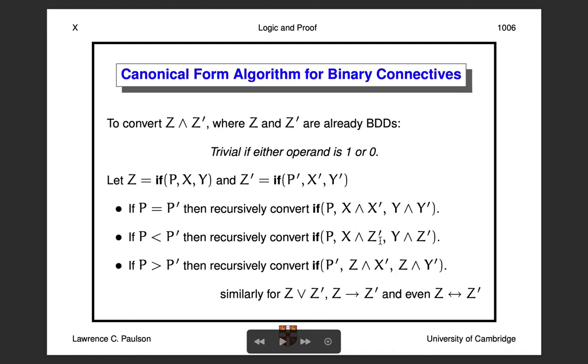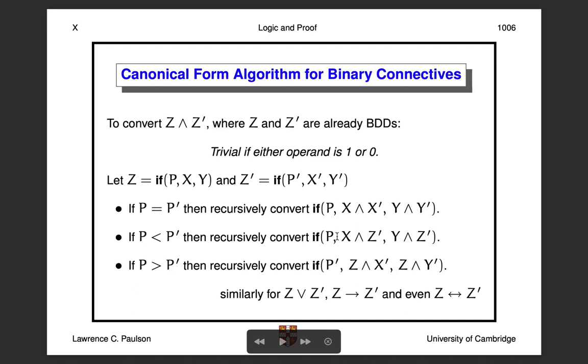If P is true, this part leads to X, and the other part is the whole other BDD, Z prime.